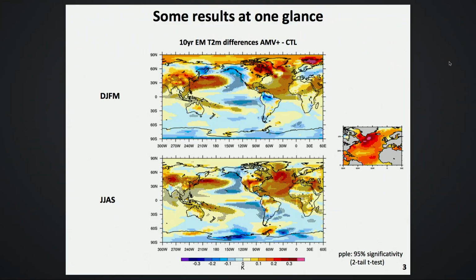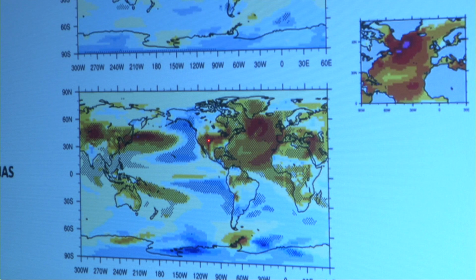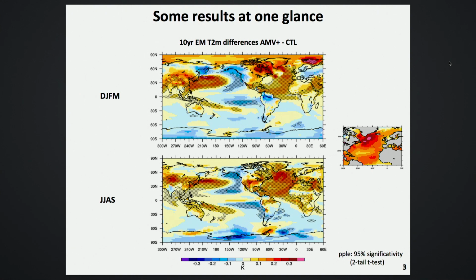If you look outside the Atlantic, we can see that over land in JJAS there is a warming over extratropical latitudes, over the US, over the whole Mediterranean basin, and over Asia. In winter, there is no significant warming there, but there is still warming over Asia. And we can see a strong PDO response over the Pacific.